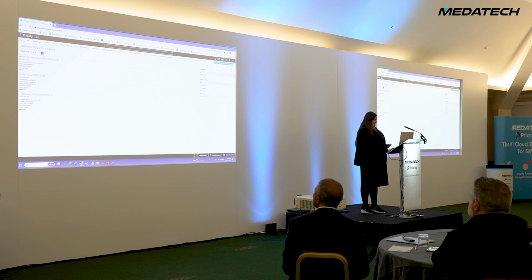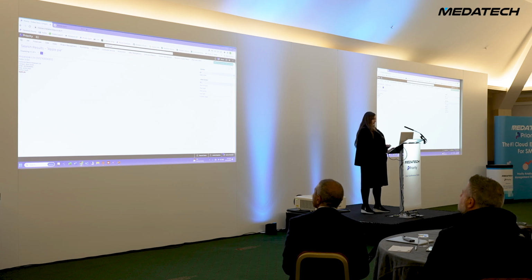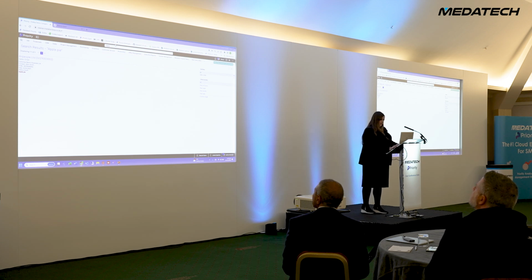Now, what I really am interested in is if I search for something in quotes, so for example, apple pie, it will only find the result that specifically has this exact phrase, so apple pie. Now, what I could also do is apple minus pie.